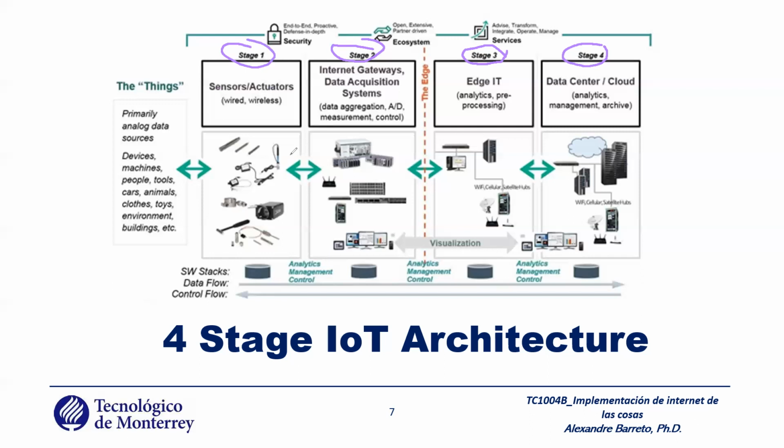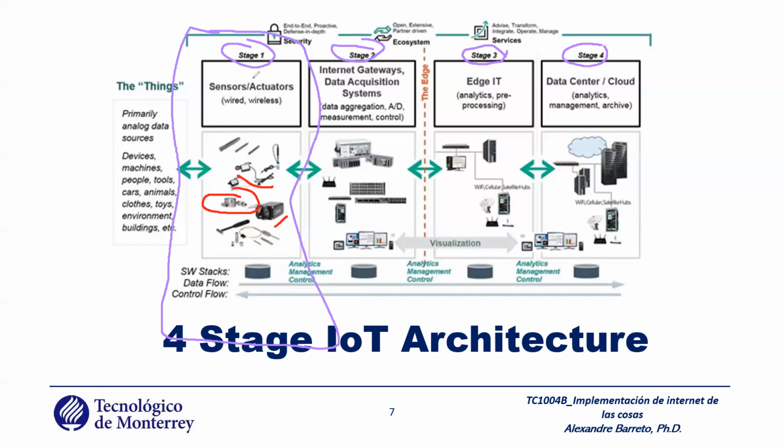Stage 1 is the sensors, okay? Think about the industry. The sensors and actuators are in this layer, okay? You have the devices that are sensing things, okay? For example, you have cameras, temperature sensors, humidity sensors, and other devices that collect information.